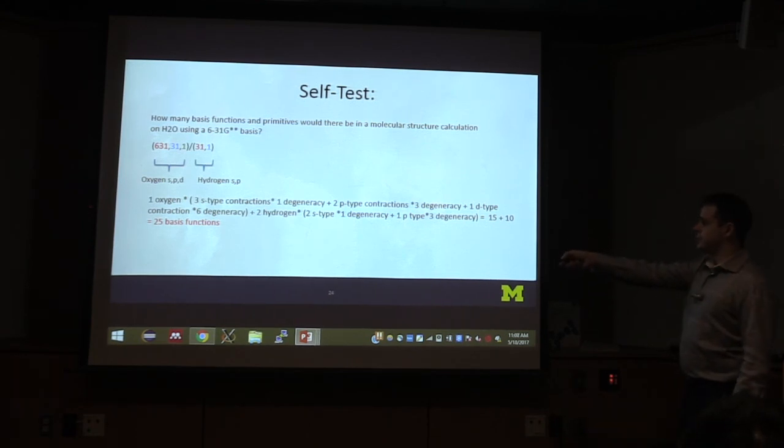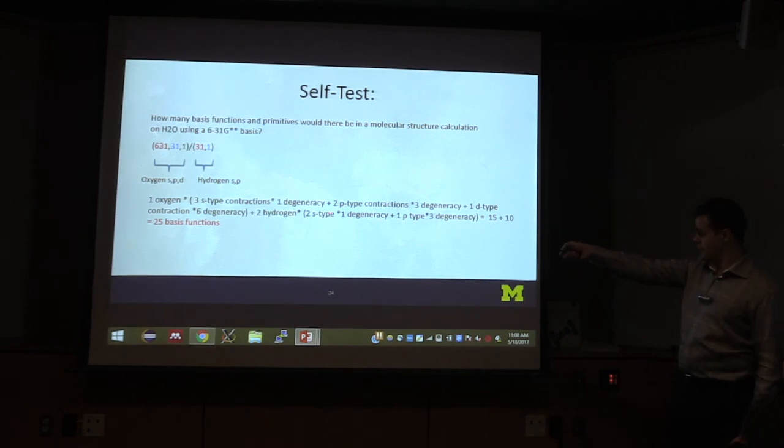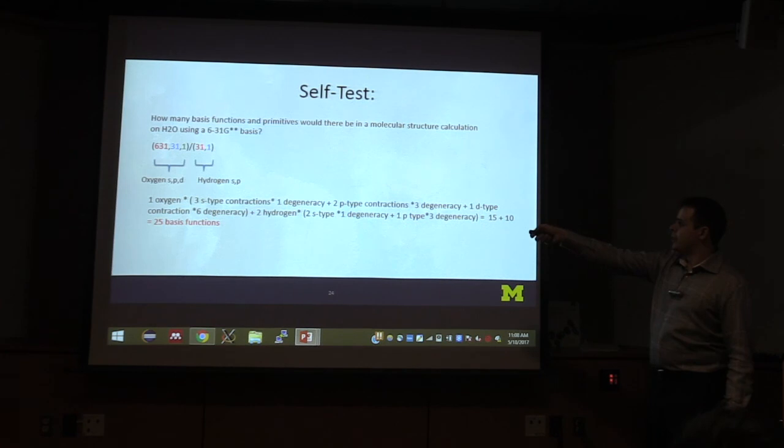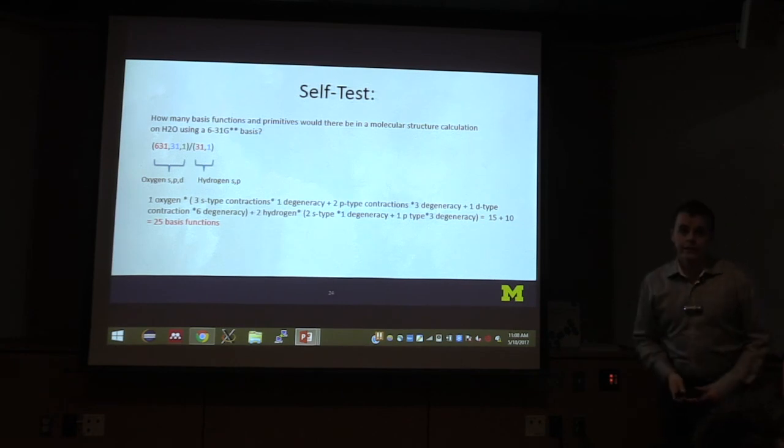There is 1 D-type contraction, and it has a degeneracy of 6. There are 2 hydrogens. There are 2 S-type contractions with a degeneracy of 1, and 1 P-type contraction with a degeneracy of 3. So if we count all those up, we get a total of 25 basis functions. Is that clear to everybody?